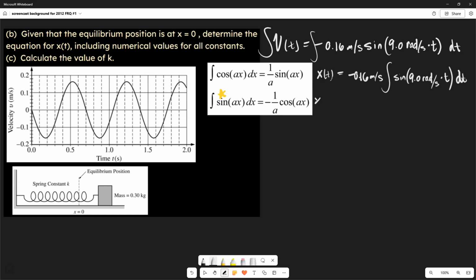So again, we've got this rule to follow, so take a close look at the rule. And what we're going to need to do is notice that the integral of sine will give us an answer of cosine. So we'll get there, but first let's do 0.16 meters per second. And notice we have a 1 over a, and that a is the coefficient. Well, what's our coefficient inside that sine parentheses? Well, that's going to be 9. So this whole thing is over 9 radians per second.